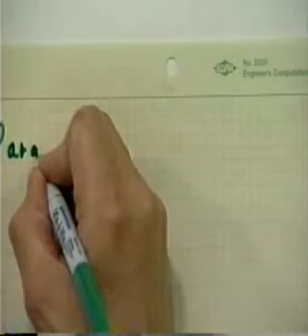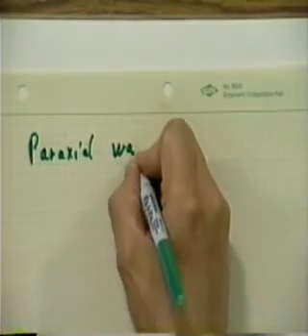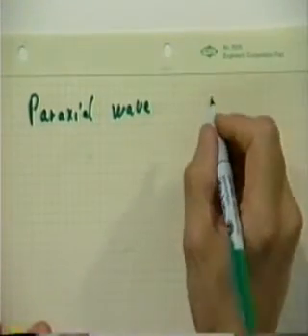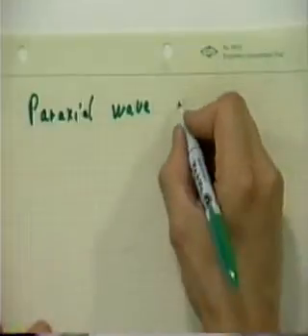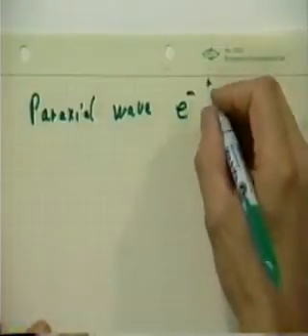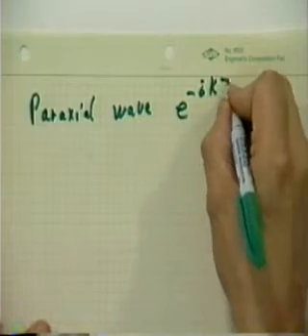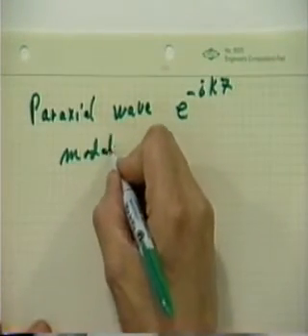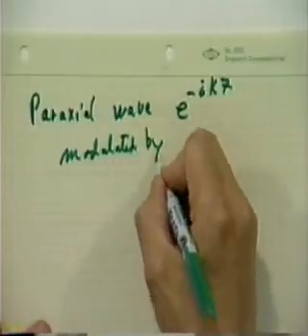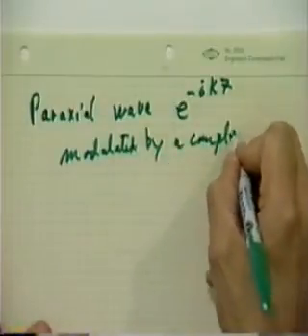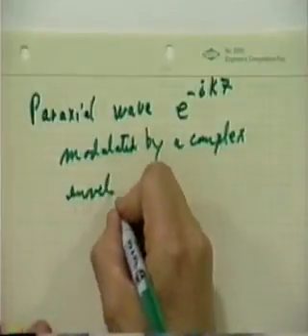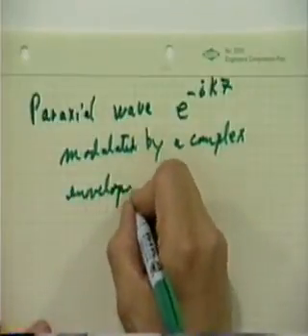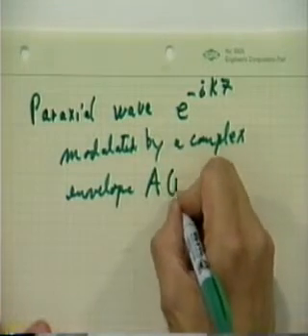What we're going to have here is a paraxial wave. It's going to propagate along the z-axis, so we're going to have a phase that goes as e to the i kz. This is going to be modulated by a complex envelope, which we'll call A of r.